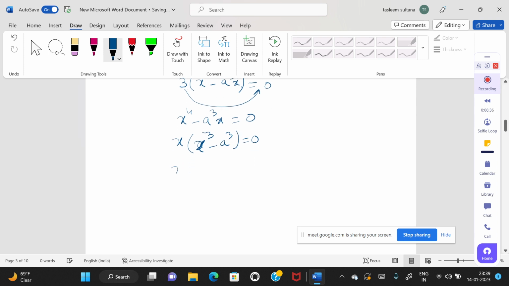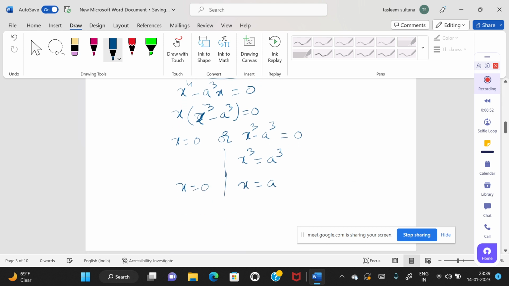So x is equal to 0, or x cube minus a cube is equal to 0, that is x cube is equal to a cube. So we got two values: x is equal to 0 and x is equal to a.